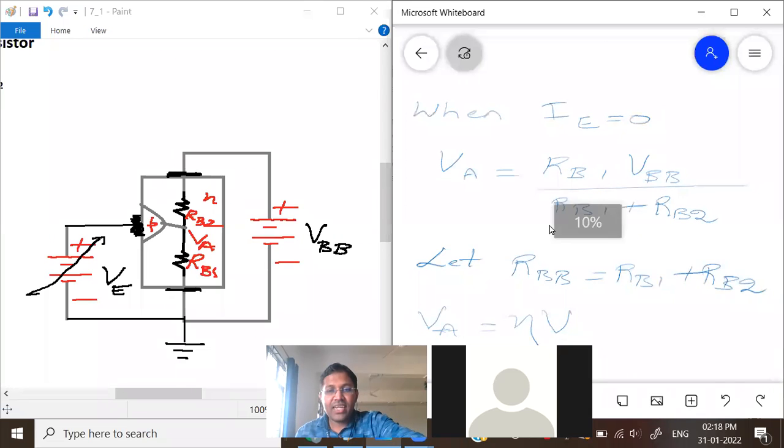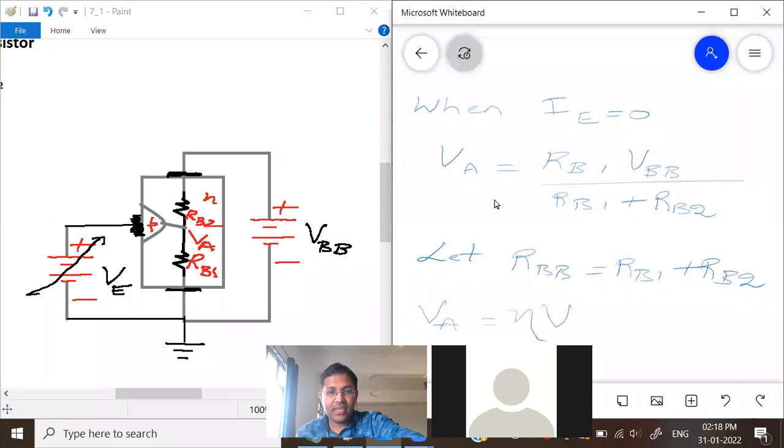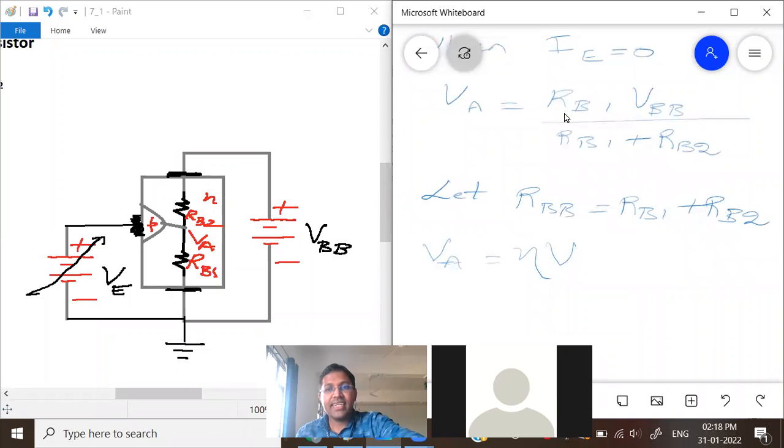So VA we can write as eta multiplied by VBB, where eta is nothing but this ratio RB1 by RB1 plus RB2.